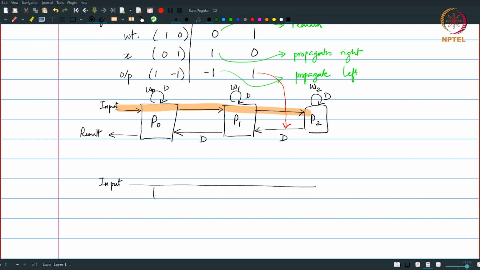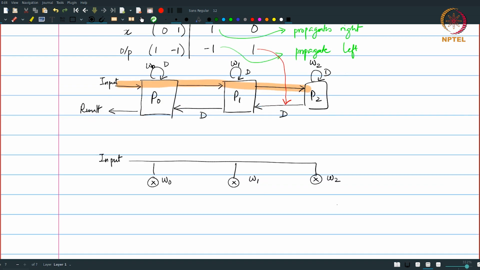The computations correspond to multiplication with W0, W1 and W2, and I then have the additions that happen as the data flows backwards.